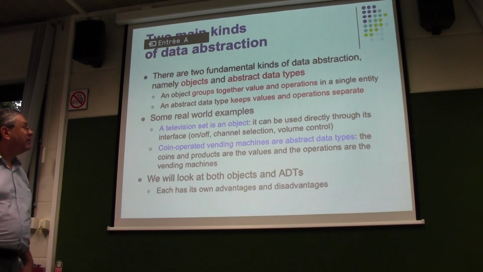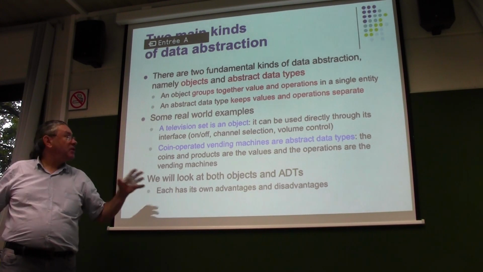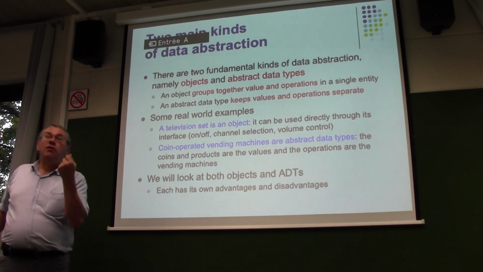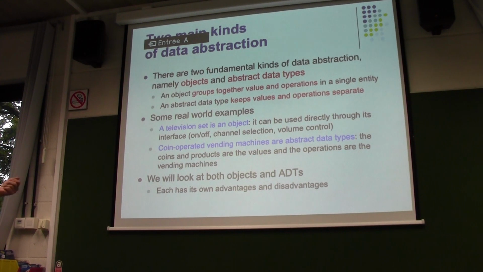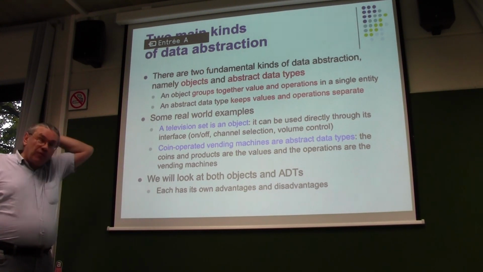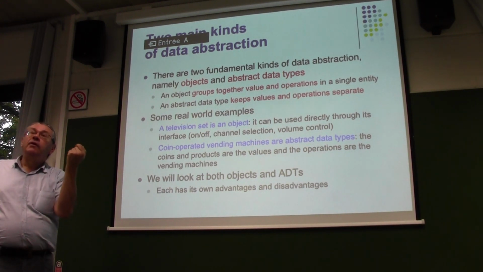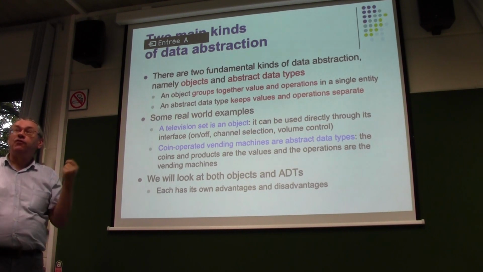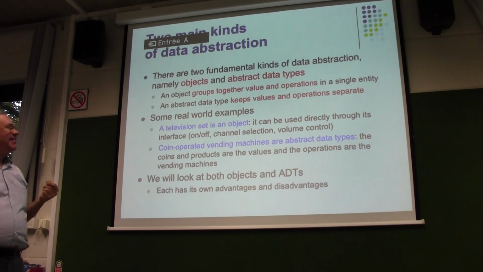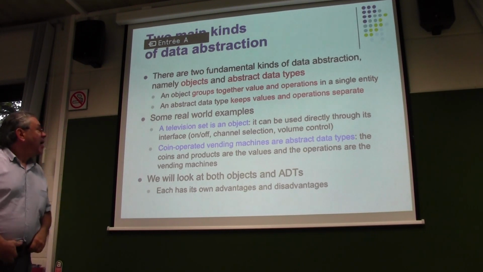A can of soda, for example, and the operation is the actual machine itself. The values are the coins and the products, and the operation is the machine, okay? So the idea is that the coin is already part of the data abstraction, and so is the can of soda, okay? And the machine. All of that is part of the abstraction.